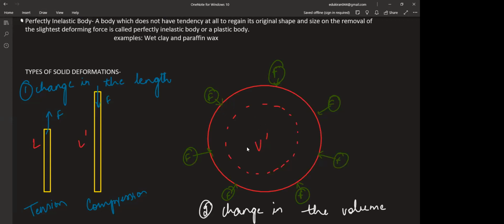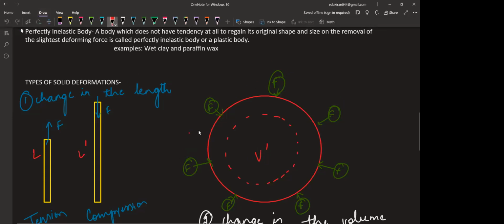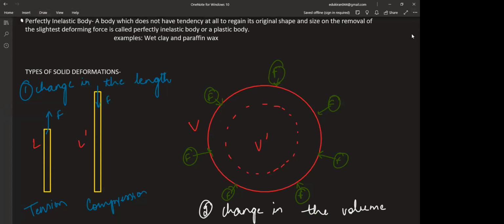So it will compress it. A change in volume will be there. Let's assume the original volume was V. Now after compression, its volume will change. So this is the second type of deformation which can be produced.